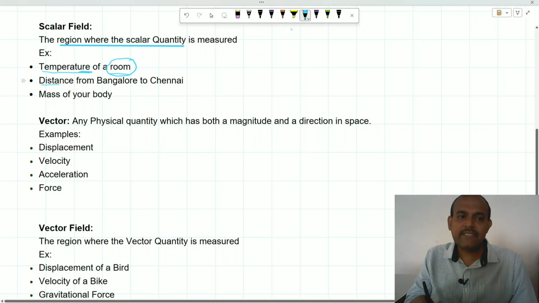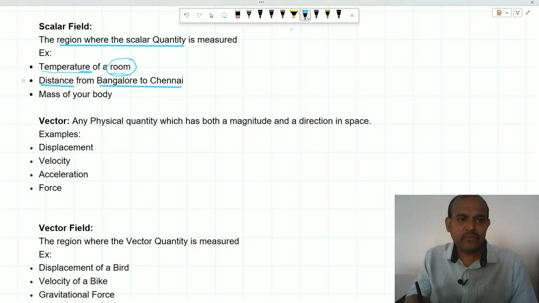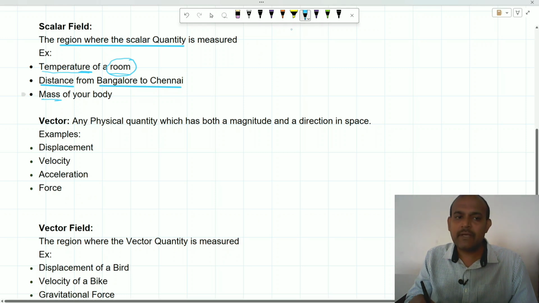Similarly, distance is a scalar quantity. I am measuring the distance from Bangalore to Chennai. So if you are talking about the region where you are measuring the scalar quantity, such type of fields we call a scalar field. Similarly, mass of your body. Mass is a scalar quantity, and you are measuring on a body.